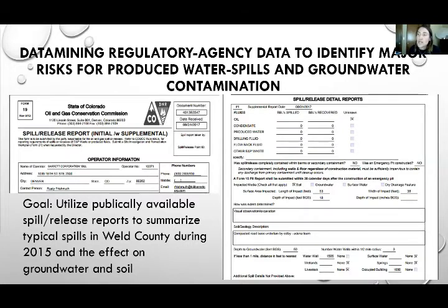For impacted media, they give the options of soil, groundwater, surface water, or a dry drainage feature. From my evaluation, most often I would see soil or groundwater that was affected, and that's what I studied with this research. I focused on soil and groundwater.